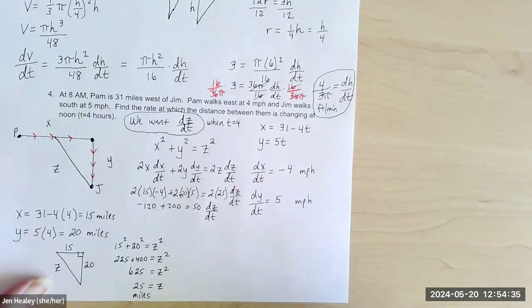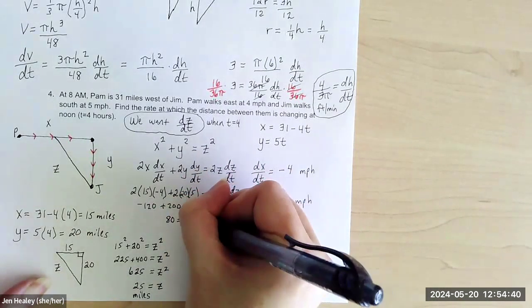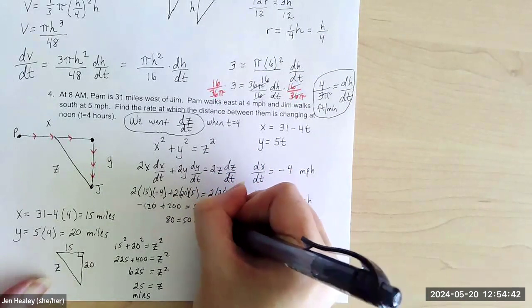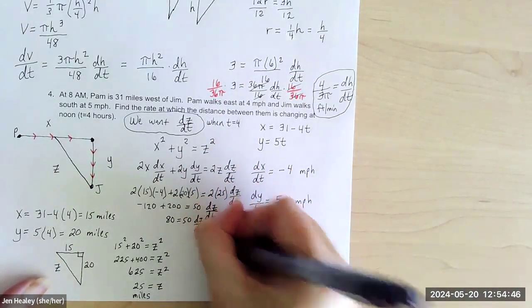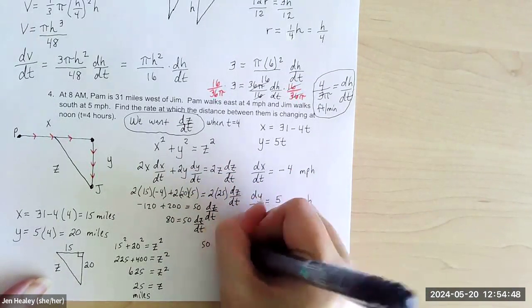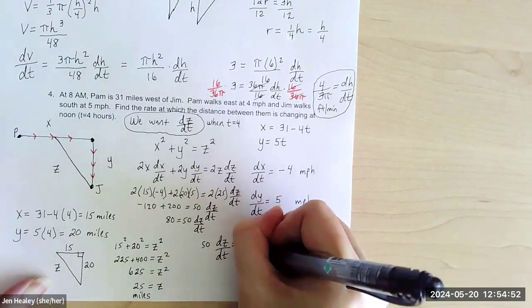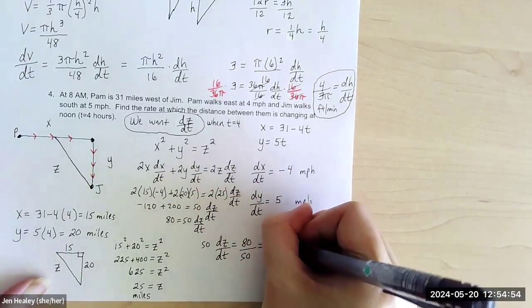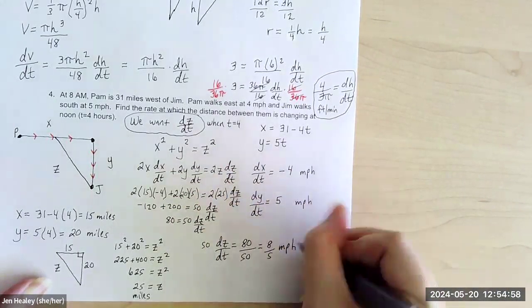So we have 80 over 50. So dz dt equals 8 over 5 miles per hour. And there you go.